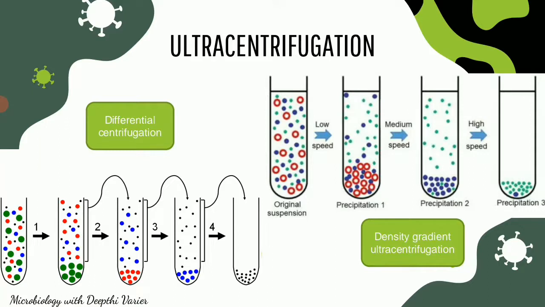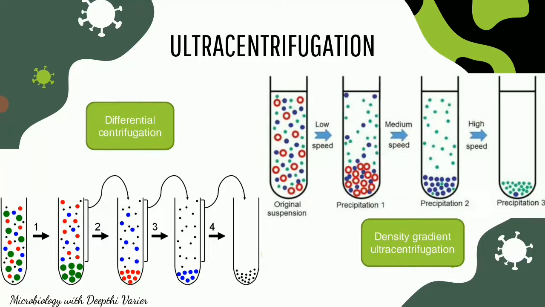We can even use cesium salt gradients, or any such viscous solution, which will help us establish a gradient in the density. So based on the sedimentation properties of the substance, we separate out the particles. To aid this, we add solutions such as sucrose or cesium salt, or glycerol, any kind of viscous liquid.